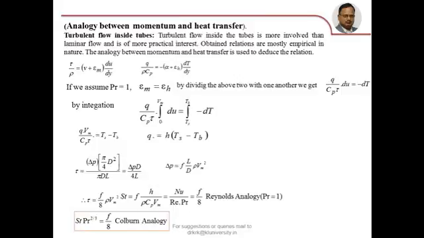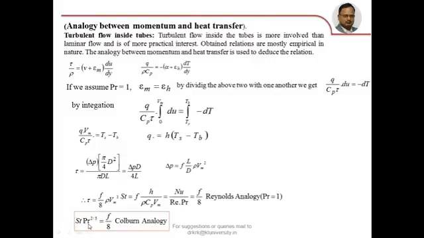I repeat, Stanton number means it is the ratio of Nusselt number divided by Reynolds number and Prandtl number. The product of Reynolds number and Prandtl number is known as Peclet number. Different non-dimensional numbers, that's all.